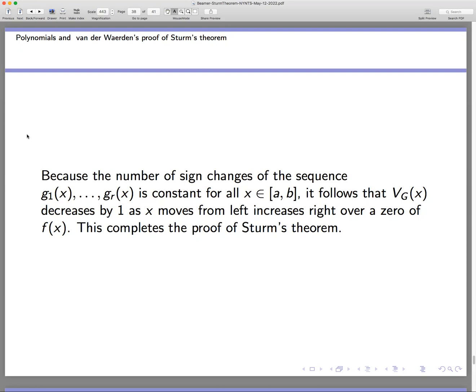And so they have a slightly different way of doing Sturm's theorem. They define sort of the general class of sequences that you can construct for the Sturm sequence. And so there's an added generality in the proof and an added difficulty in the proof, but no difference in the statement of the theorem.